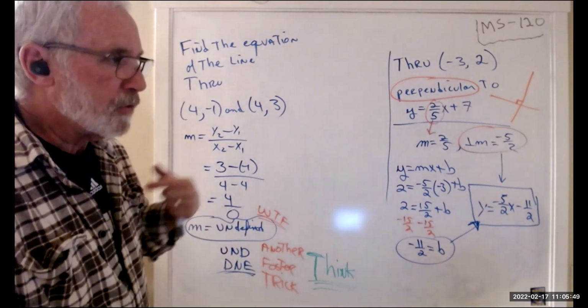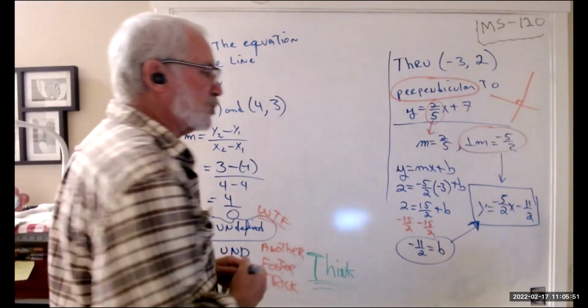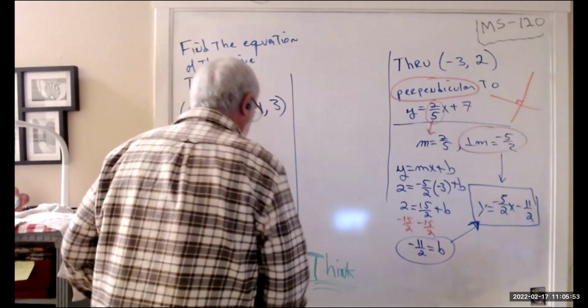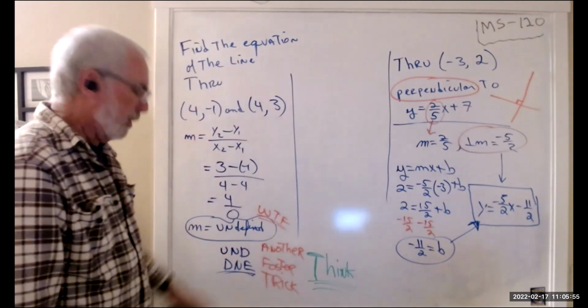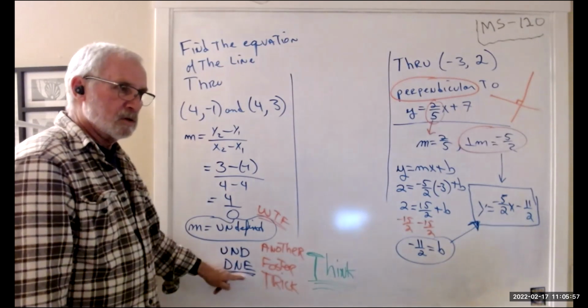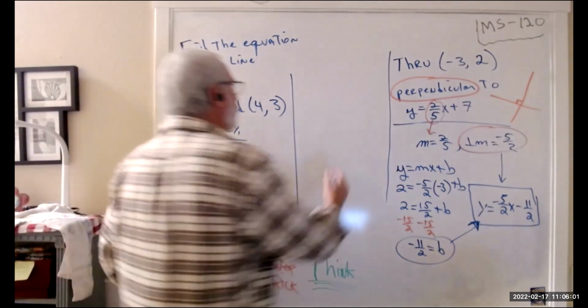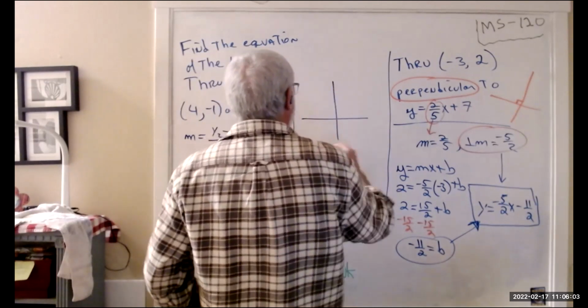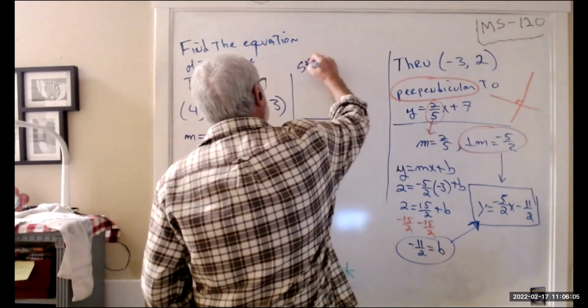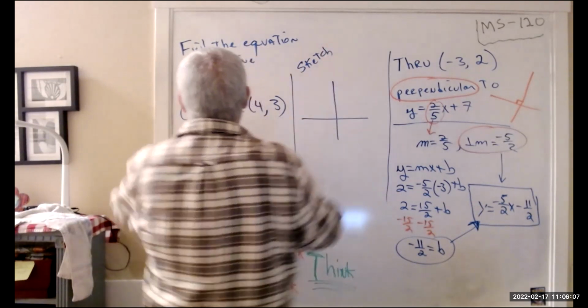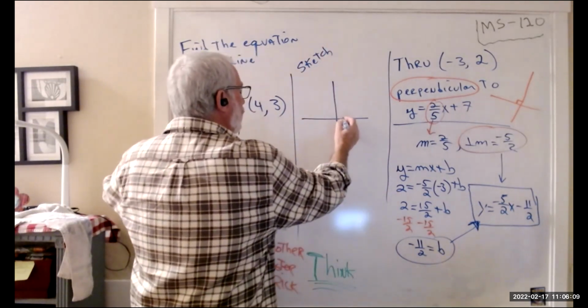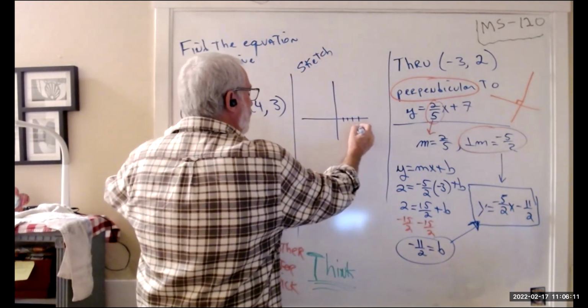So my thinking is I'm going to sketch a graph. Okay, I already know it's screwed up. I already know it's a trick problem. So I got to think, okay, think of Foster. So I'm going to graph these. I'm going to sketch it. And it's going to go through (4, -1). 1, 2, 3, 4, -1.